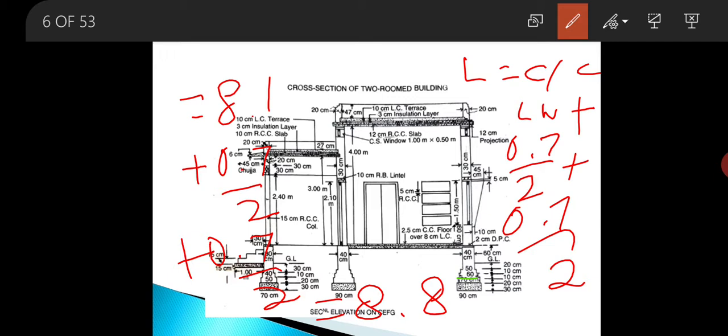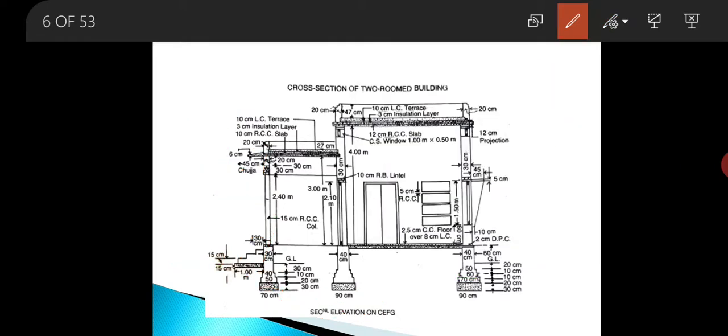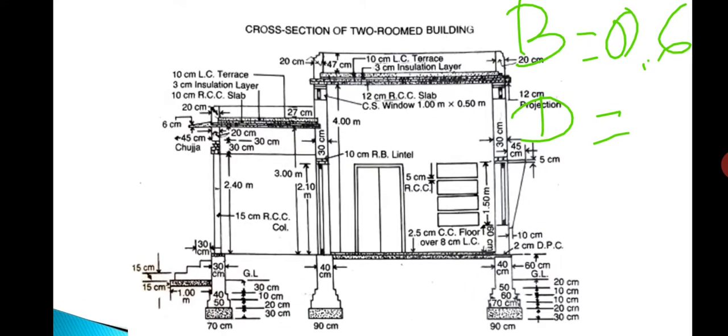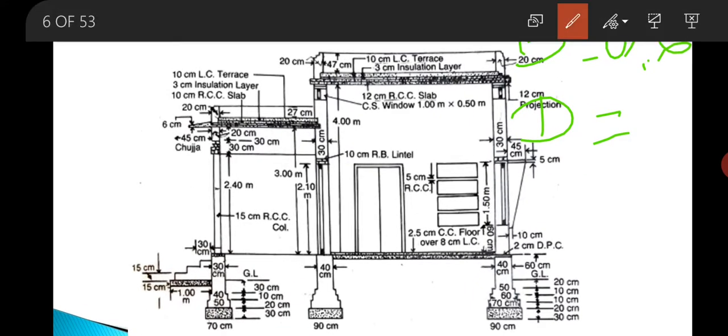And the width of the second footing is 60, and the corresponding depth is, while doing the second footing, the width will be 0.6 and depth will be, see here, of thickness 10 centimeter, that means 0.1. Clear?